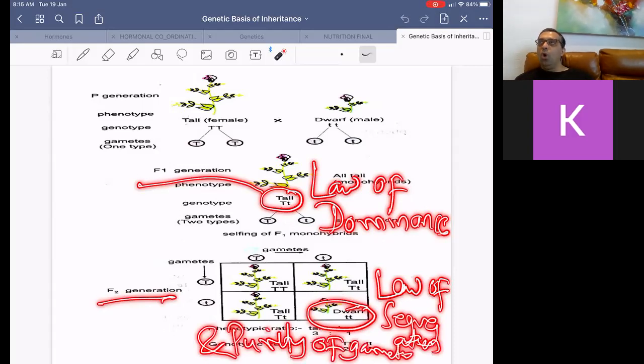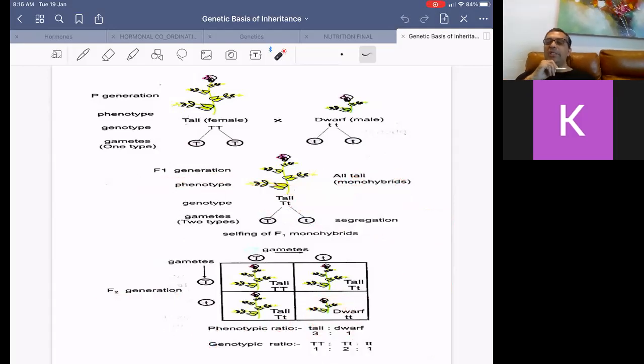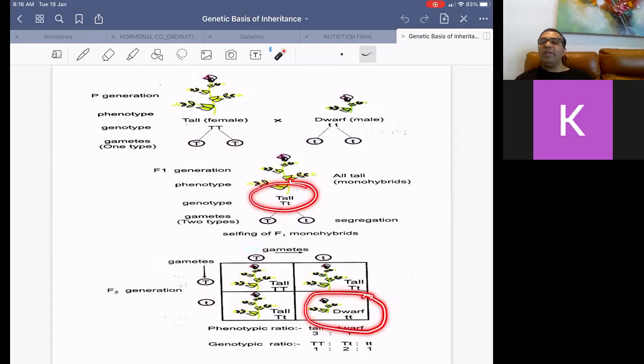So these are the two laws. In monohybrid cross, law of dominance is proved by tallness in the F1 generation, and law of segregation and purity of gametes is proved by reappearance of recessive parent in the F2 generation. तो ये दो लॉज मेंडल ने प्रूव किए मोनोहाइब्रिड क्रॉस से.